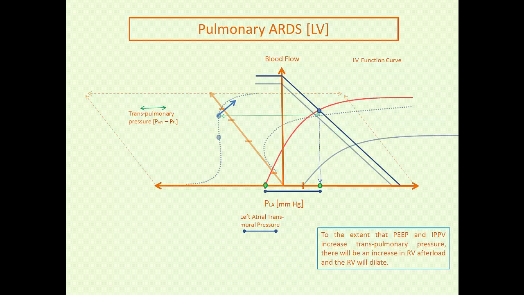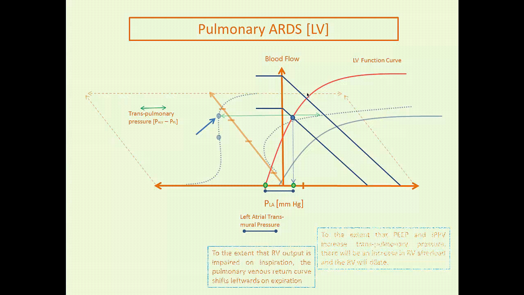So that would be on expiration, your left ventricular cardiac function curve may shift up and to the left a little bit as diastolic effects are removed, but you may have this diminished preload effect that is essentially a delayed series effect of diminished right ventricular output that came with the positive pressure breath.